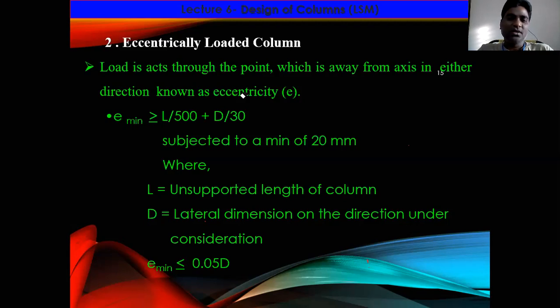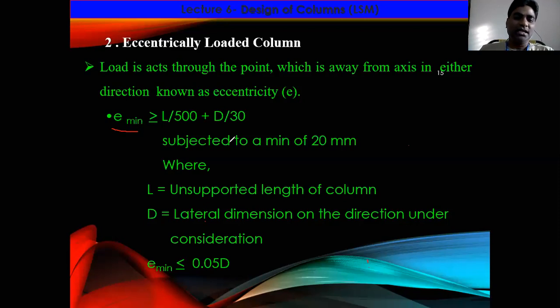So that is why the code gives some exemption for constructing an exactly axially loaded column. That means if e minimum is within the permissible limit, then we can design it as an axially loaded column. If the eccentricity developed within the member is greater than the minimum eccentricity provided in IS 456, then we should design that column as an eccentrically loaded column.